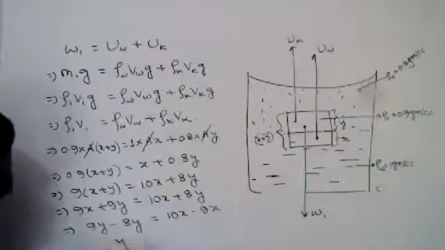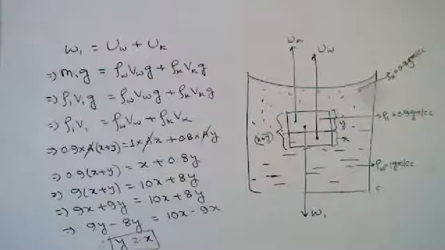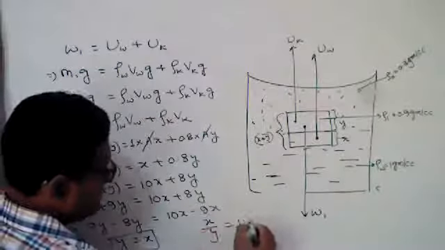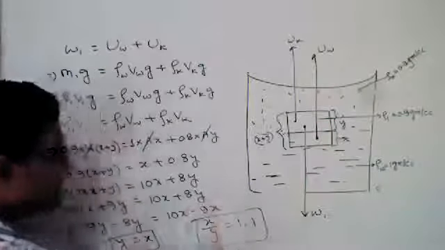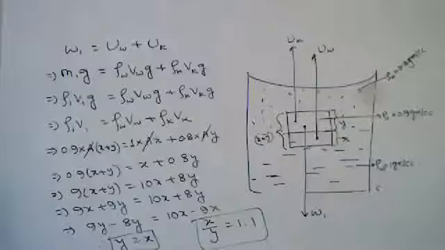So we can write Y equals X. So the ratio of water to kerosene, X by Y, equals 1:1. So the lengths in water and kerosene are equal. Understand?